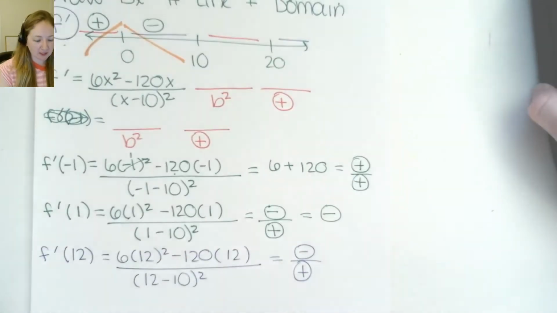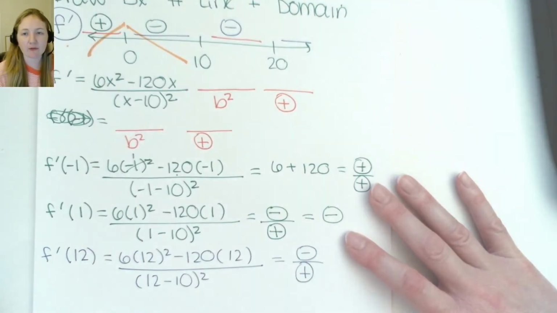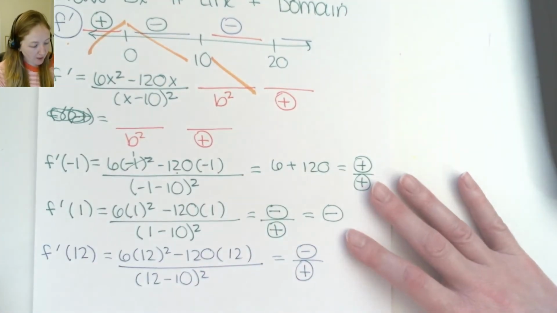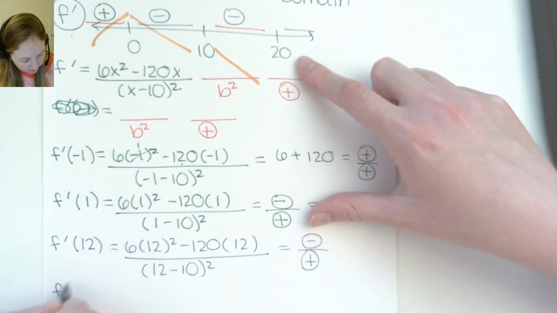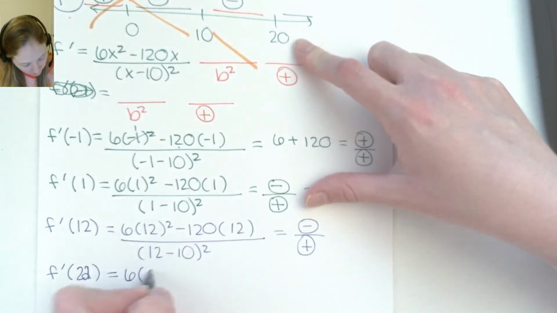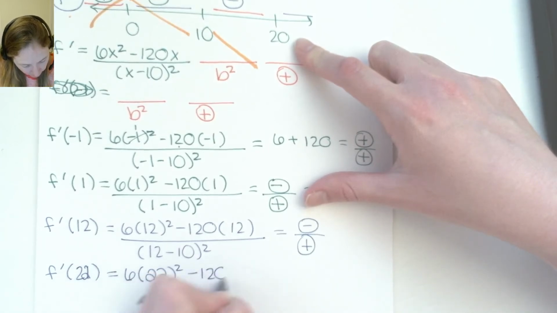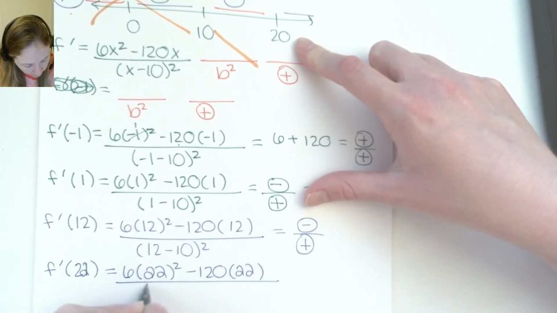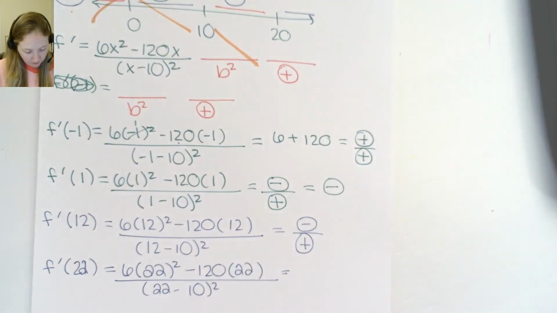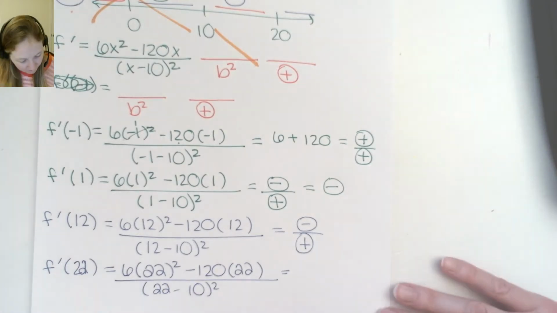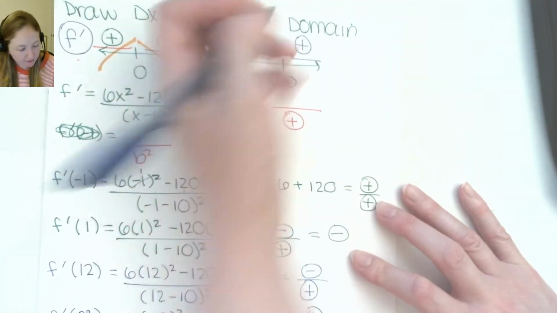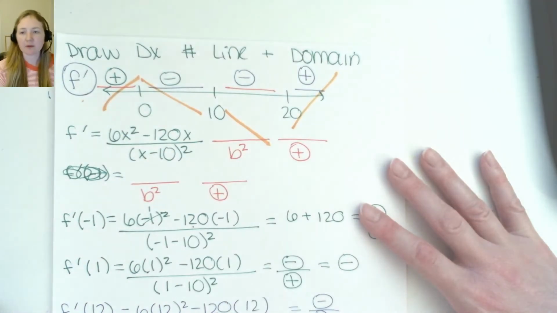That means that we're still staying negative on that third interval, and so that means we continue to decrease. And then for the rightmost interval, maybe you plug in 21. So let's plug in 22. So 6 times 22 squared minus 120 times 22 over 22 minus 10 squared. Again, plugging that in on your calculator as needed gives you a positive over a positive. So that positive tells us that we are going up the hill.